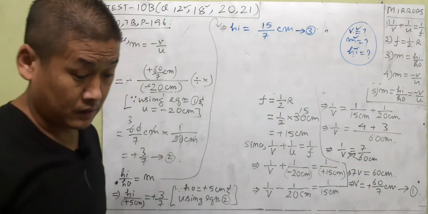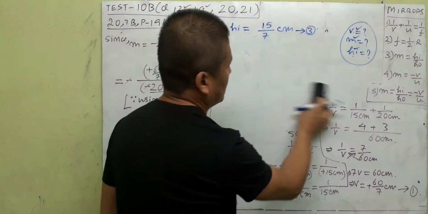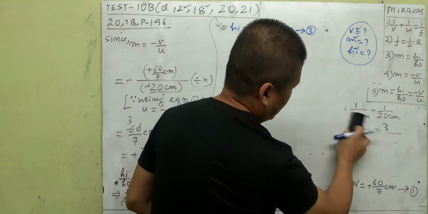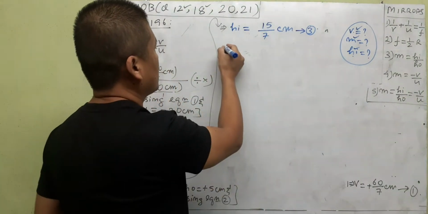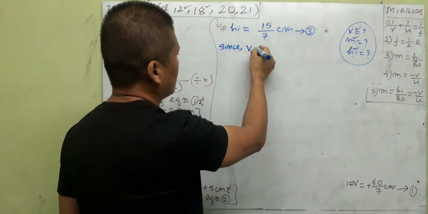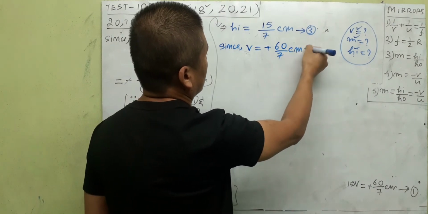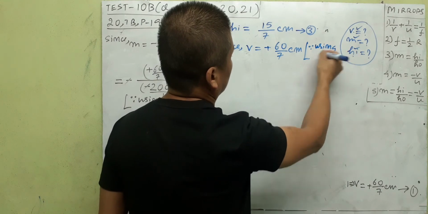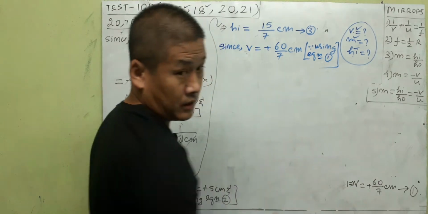So now we can answer our question. So let us go here. First they're asking for position of image, so let us not rub out this equation 1. We need this, so V equal to this one you write. Since V is equal to plus 60 by 7 centimeter, as we get this one by using equation number 1, as you can see there.